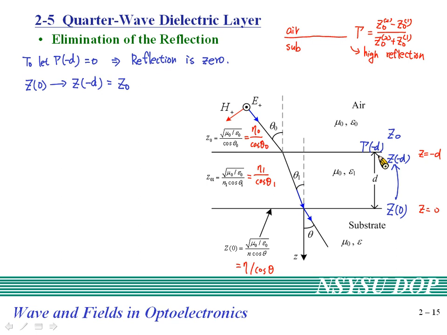And we also know the value of Z of 0 is like this. And the value of Z sub 0 is the characteristic impedance of air, and it is this one.